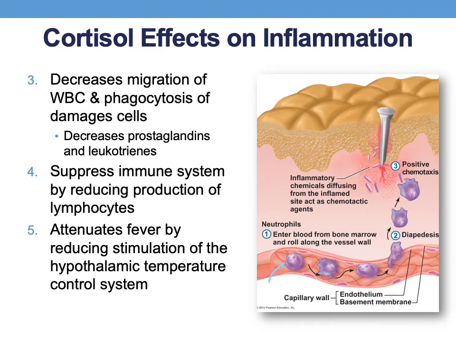Prostaglandins play a significant role as a part of the chemotaxis that's released when tissue is damaged in stimulating nociceptors. It suppresses the immune system also by reducing the production of lymphocytes, and it does that again by affecting protein catabolism and reducing the size of lymphatic tissue. It also attenuates fever. It is a fever reducer, and it does this by stimulating the hypothalamic temperature control system.